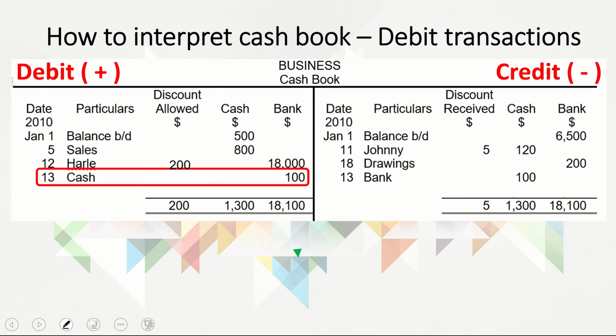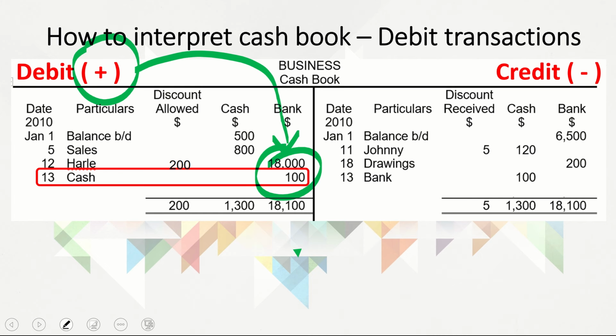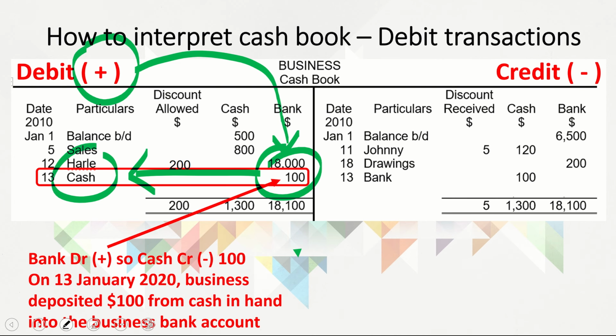Now you will also see on 13th of January, there was $100 inside the bank account. All right, it was an increase in the bank account, $100. What's the other account affected? The other account affected is cash in hand. So what has happened here?